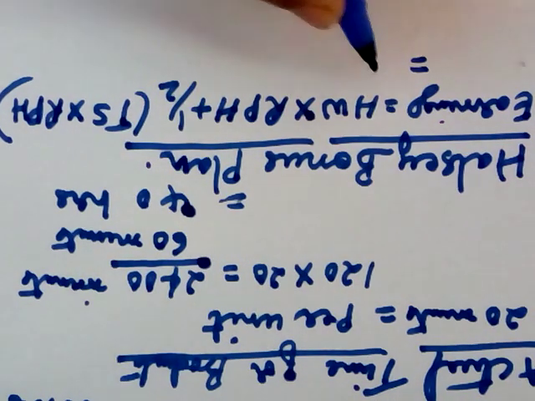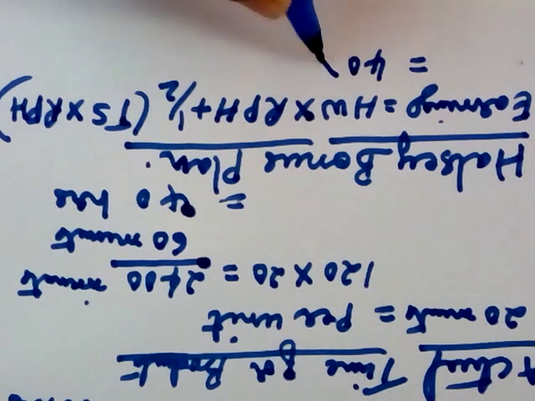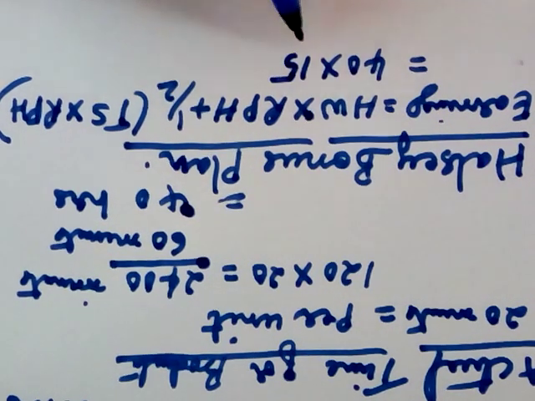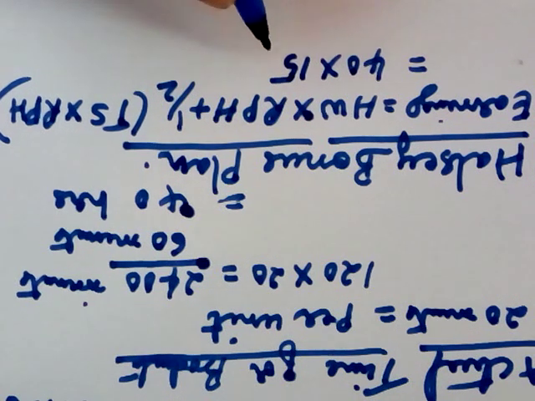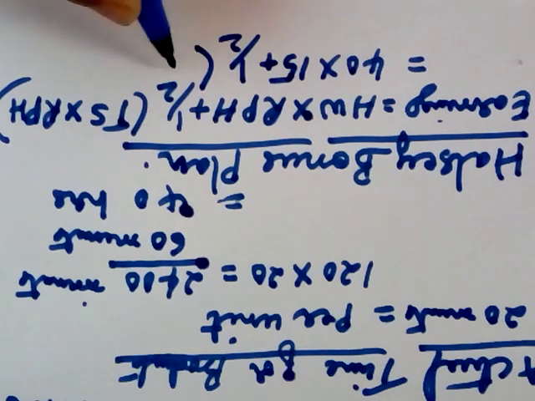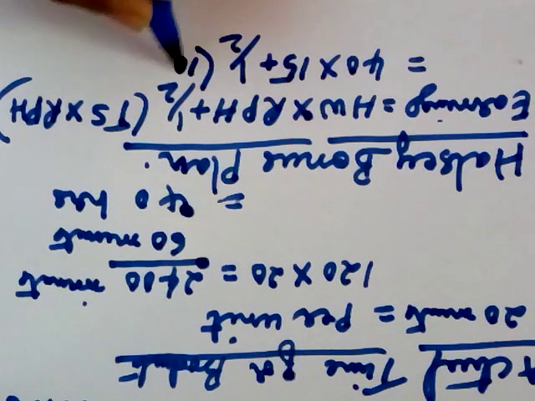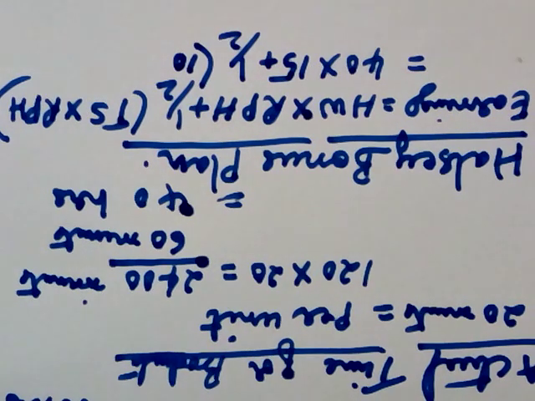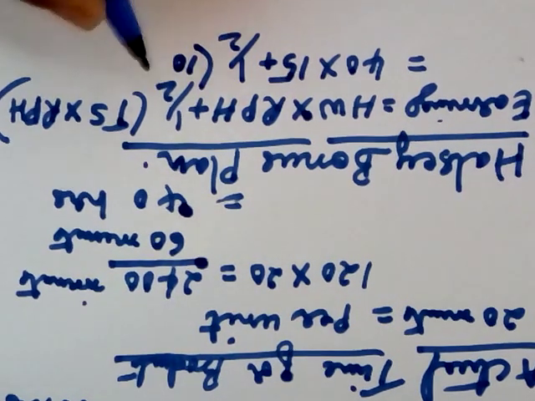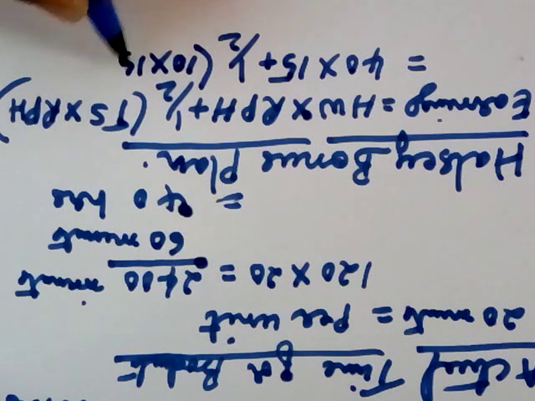Here hours worked is 40 into rate per hour 15, which is given in the problem, plus half of time saved. Time saved is standard time 50 minus actual time 40, so time saved is 10 hours, into rate per hour 15.